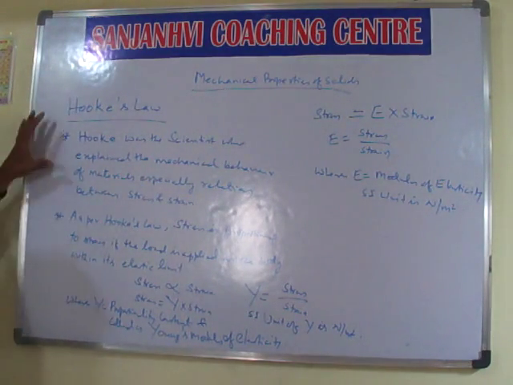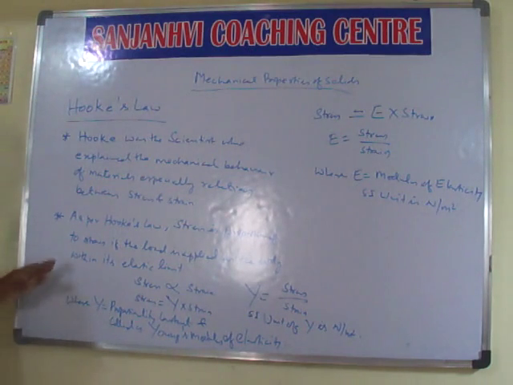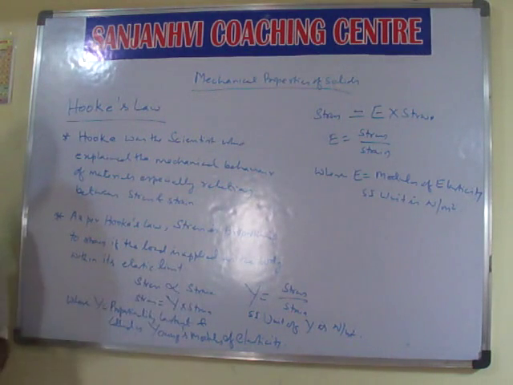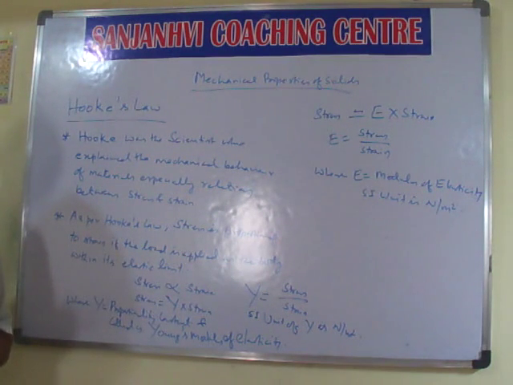This is a very important law applicable for mechanical properties, that is Hooke's law. If the load is applied within the elastic limit of the body, then stress will be directly proportional to strain. What does it mean? It means that within the elastic limit, if the body is applied load, then there will not be any problem.